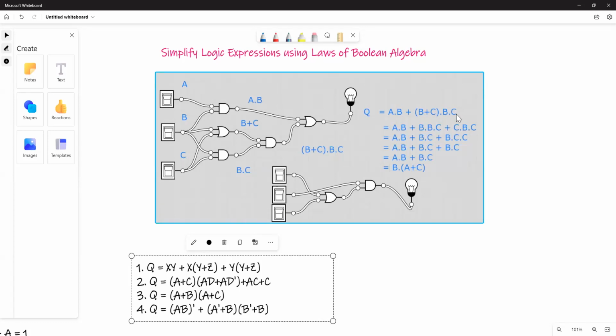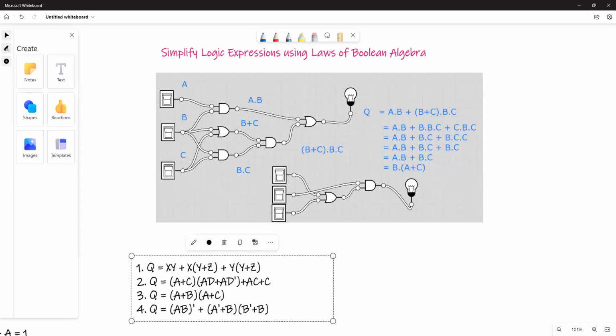So here we have BC and then we have B plus C. You can multiply this. So when you multiply BC with B, we have BBC plus we have CBC.